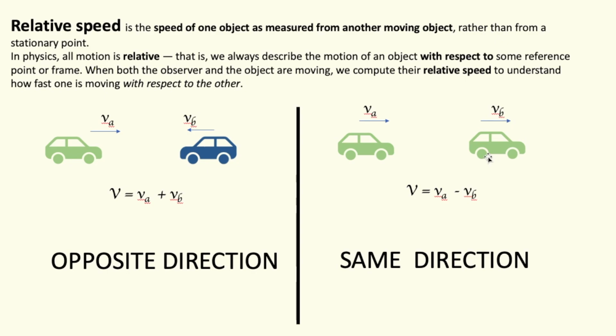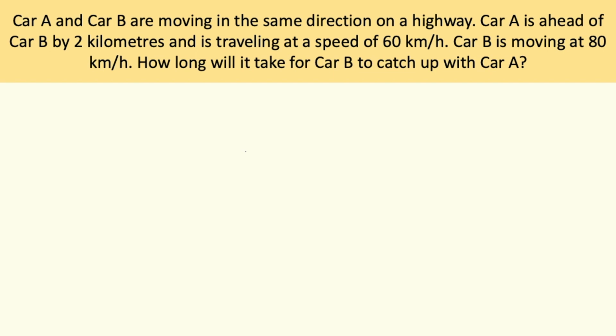Now let us see some problems related to relative speed. Car A and car B are moving in the same direction on a highway. Car A is ahead of car B by 2 kilometers and is traveling at a speed of 60 km per hour. Car B is moving at 80 km per hour.